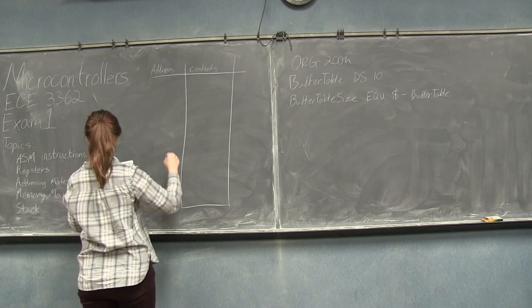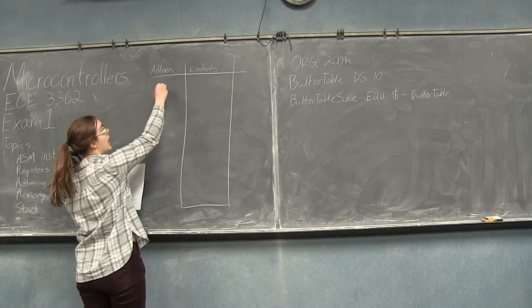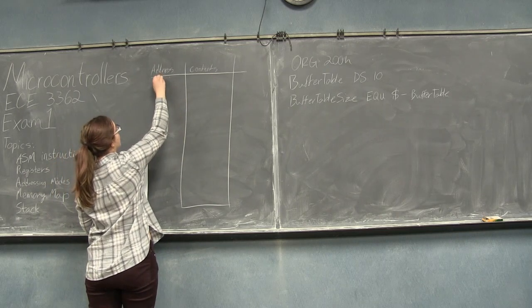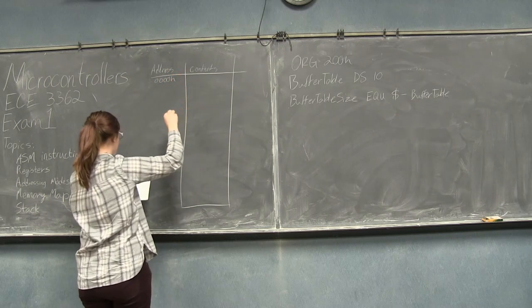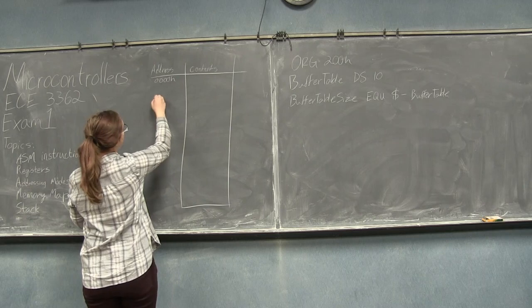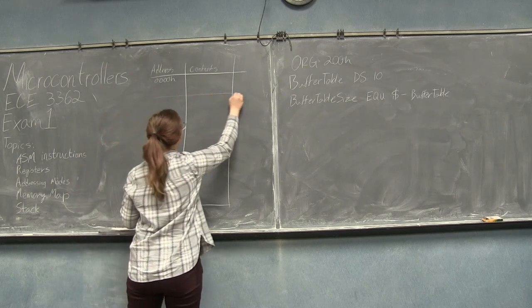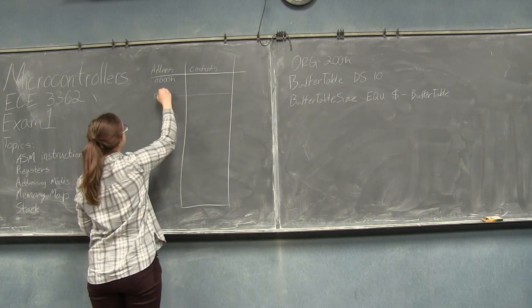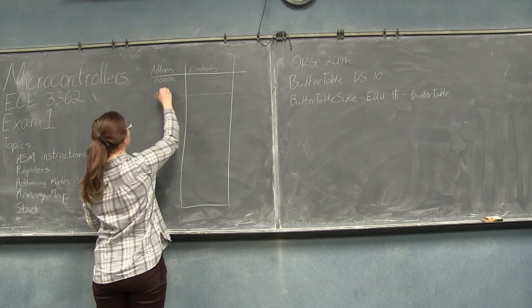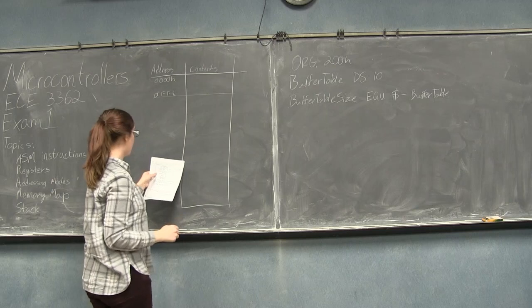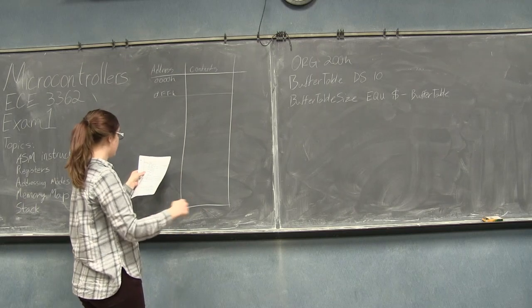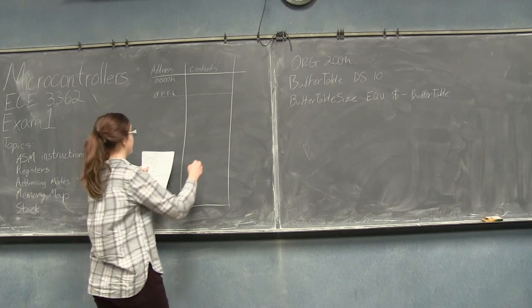So everything in the MSP430 has an address. And those addresses are in hexadecimal, of course. And depending on the address, it corresponds to different things.